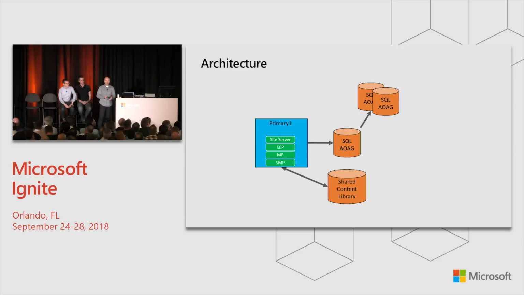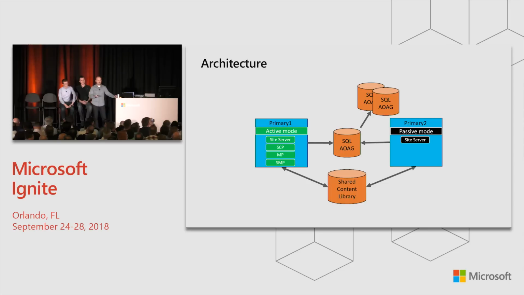First you move the content library to a shared location, and then you bring a new server, which again can be in Azure if you want to, and install the prerequisites on that server, like the ADK and things like that. Once it's ready, you go to create a new site system, select the passive site server, and we create a passive site server on that machine.